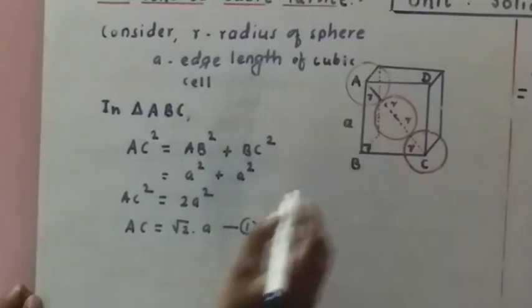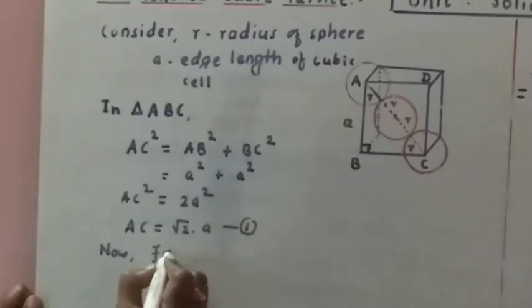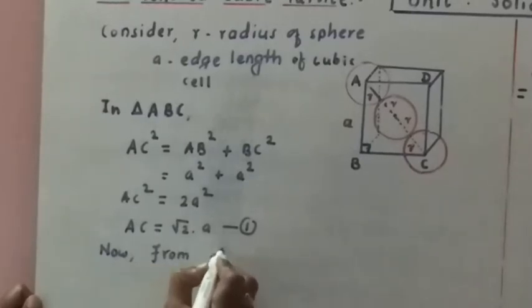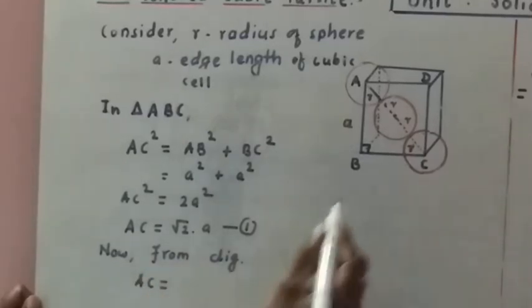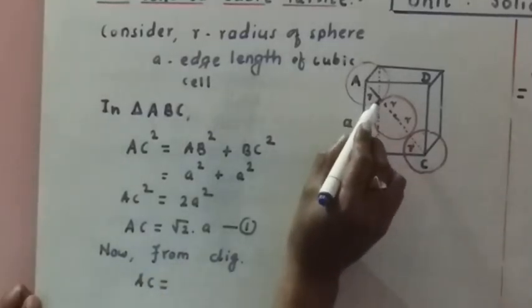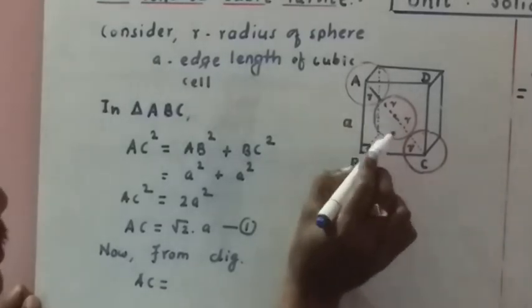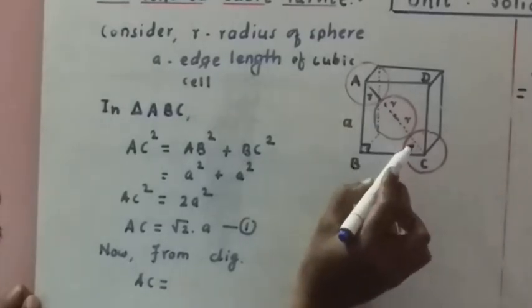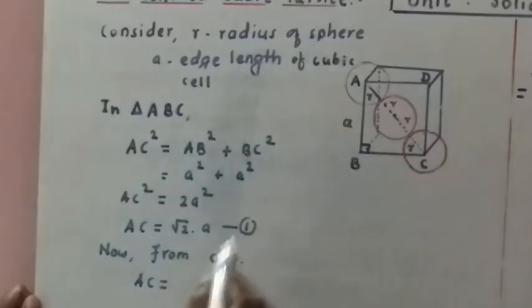Now from the diagram, here AC is, R is the radius of the particle, so this R plus R is the diameter of this half particle, and here R. So R plus R is 2R, plus R is 3R, plus R is 4R.